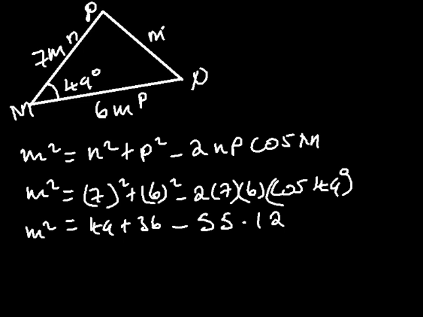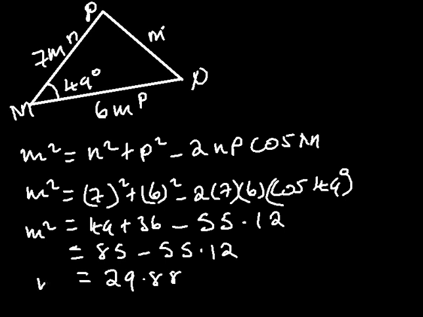What is the sum of 49 plus 36? That is 85. So we have 85 minus 55.12, which is 29.88. We have m squared equal to 29.88.